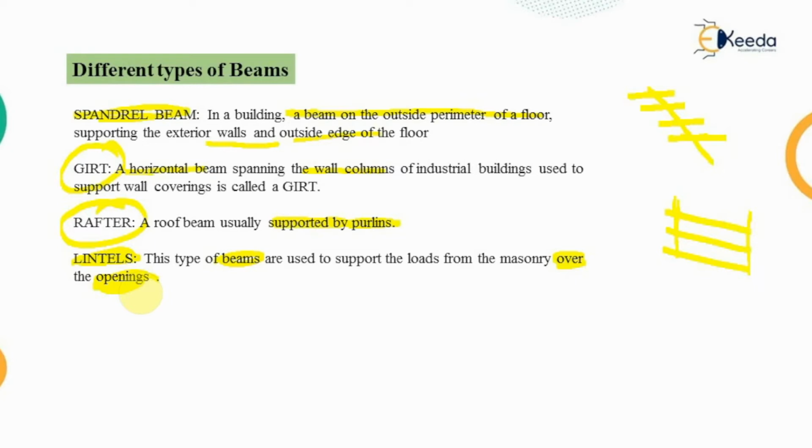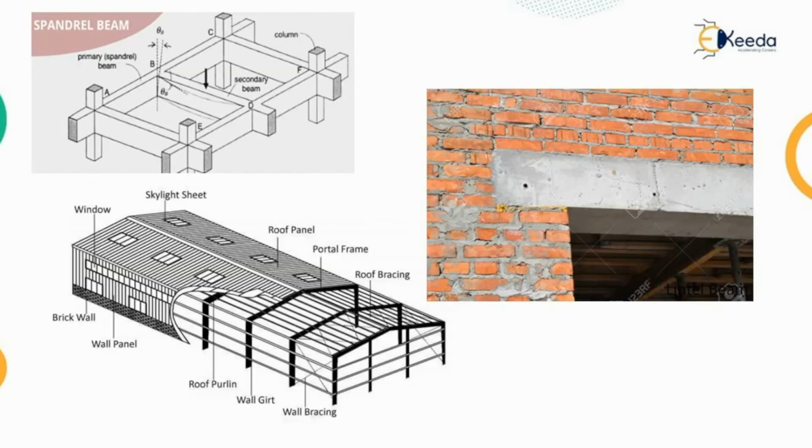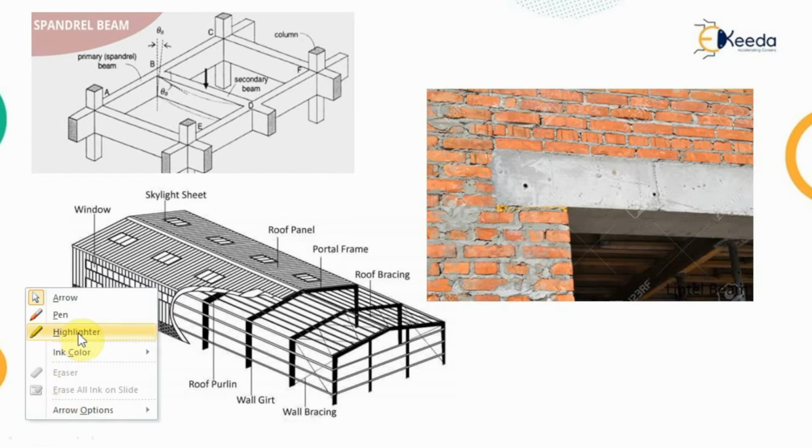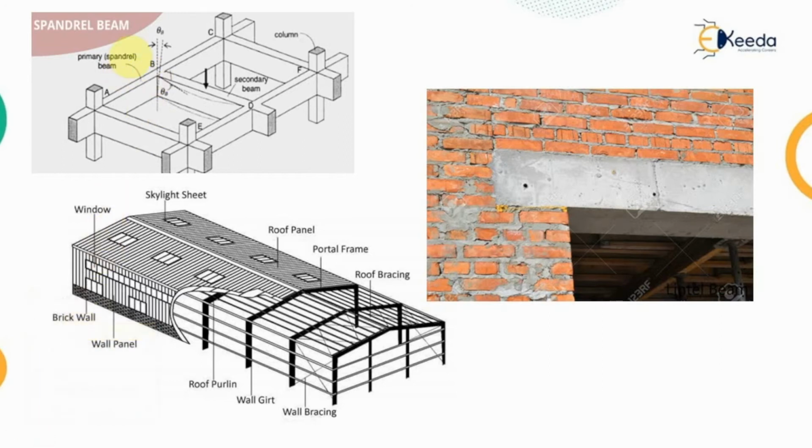Those are known as the lintels. Now everything will be clear from this image. Now these are the beams which are provided on the periphery, while the beams which are supporting them or resting over them are known as the secondary beams.